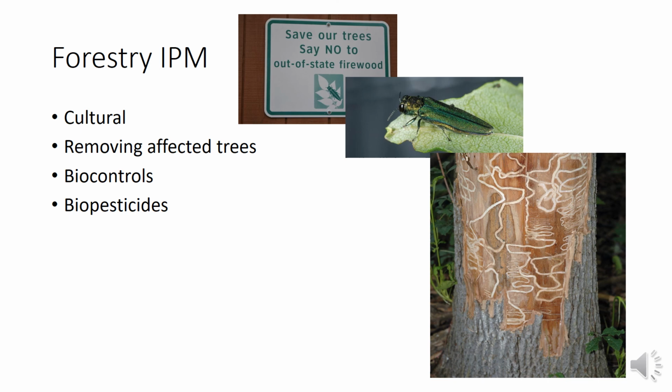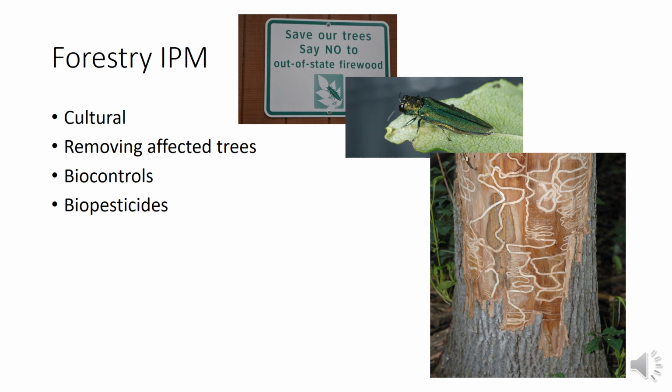So basically, things that you can do if you do have an introduced species, or just a pest that you don't want, is by removing affected trees, so cutting down trees that are affected so it doesn't spread. Using biocontrols. One thing they're using for the emerald ash borer is actually some parasitoid from Asia.